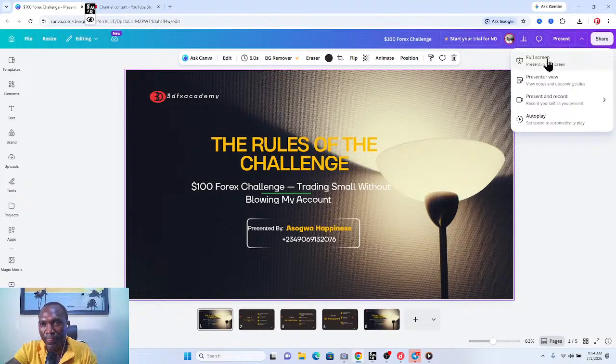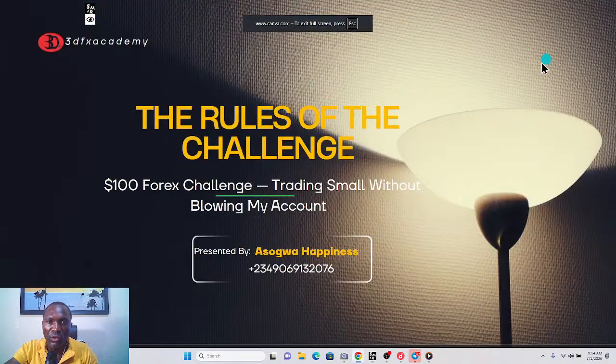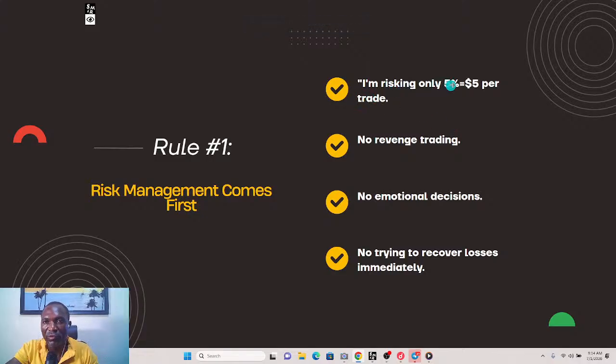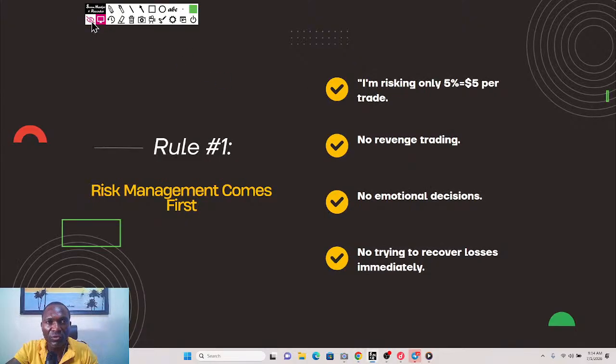Screen coming. Rules for the day. One of the rules for the day is that we are risking only 5% of our account. And now our account, we've risked what?